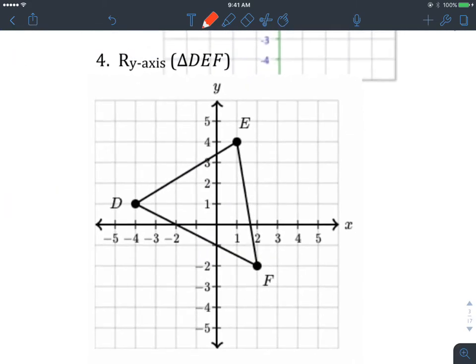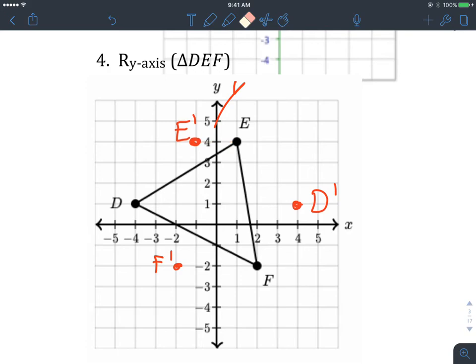So let's do a reflection across the y-axis. Same figure. Now we're counting how far away from the y-axis we are. F is 2 units away, so F prime will also be 2 units away. D is 4 units away, so then 4 more units away; you put D prime. And then the other point is only 1 unit away, so go 1 more unit away and put E prime.